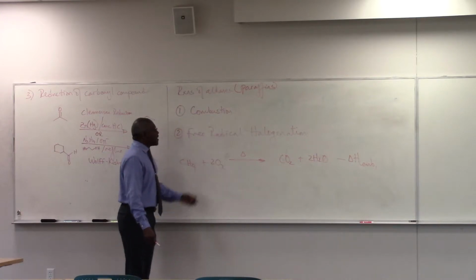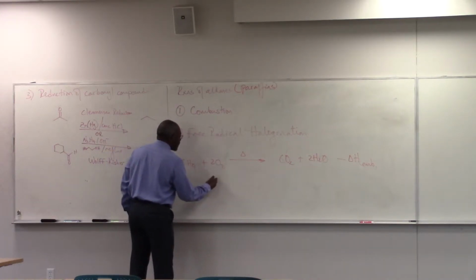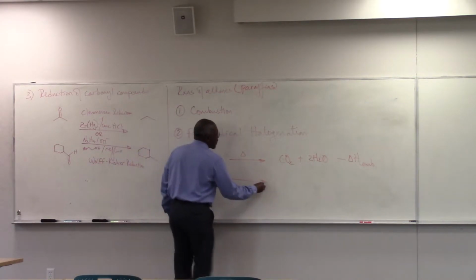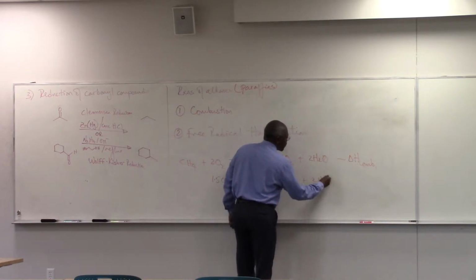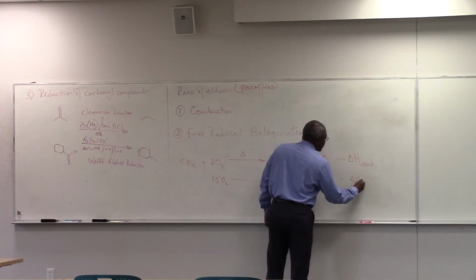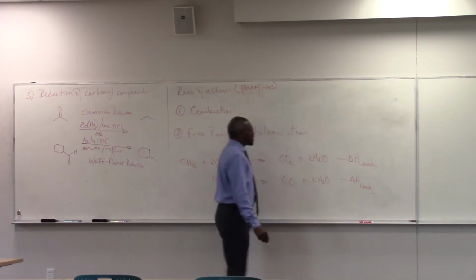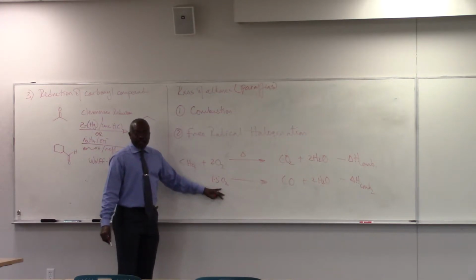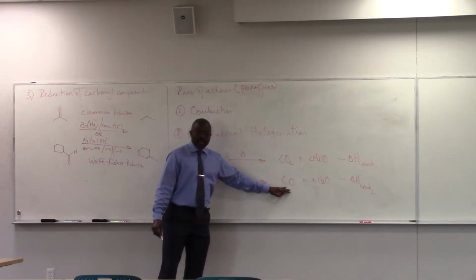Well, if I use less oxygen, so let's say I took the same methane and I use 1.5 equivalents of oxygen, what I get instead is carbon monoxide plus 2 H2O. And that releases delta H of combustion, and we're going to call this 2. So if I were to starve the reaction, instead of getting carbon dioxide, I now get carbon monoxide.